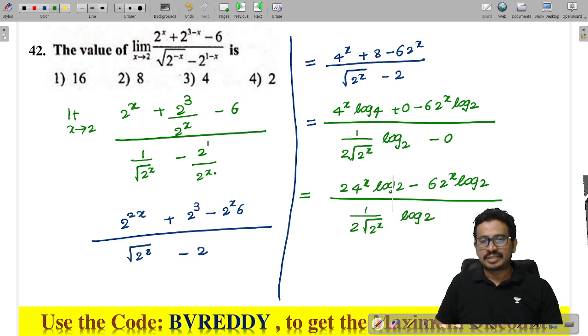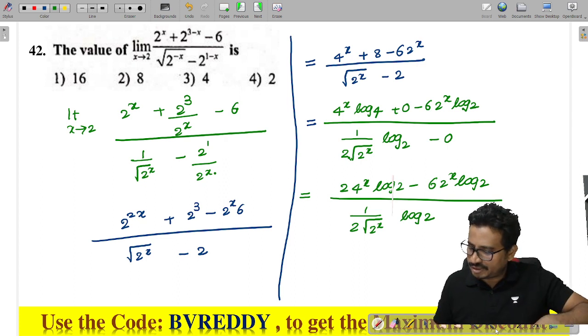So I can cancel the log 2 on both sides.